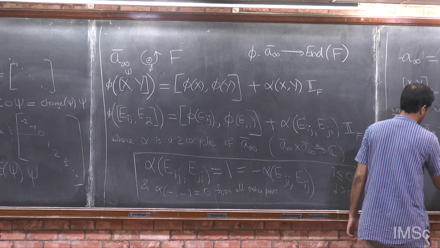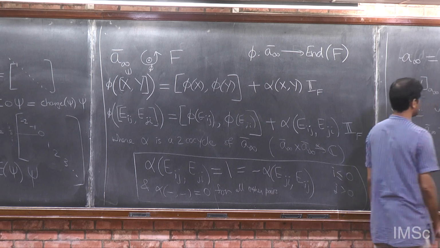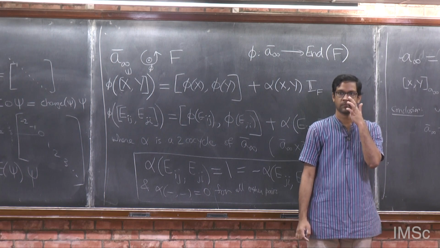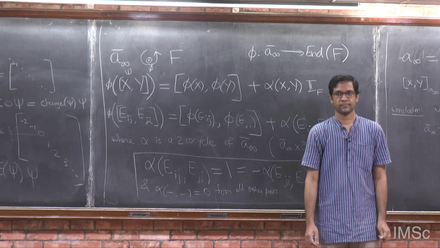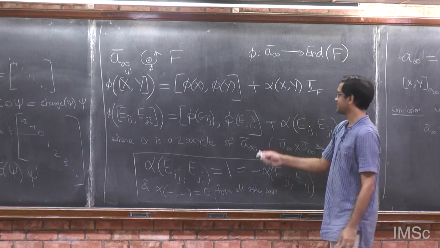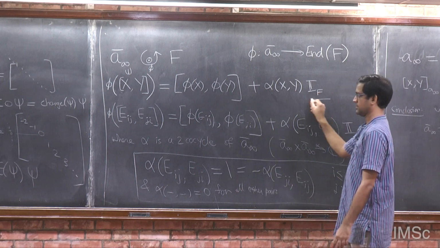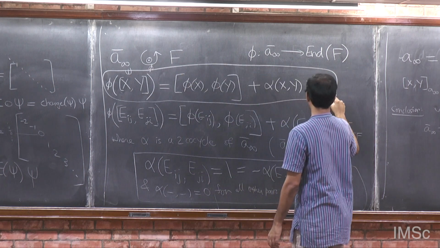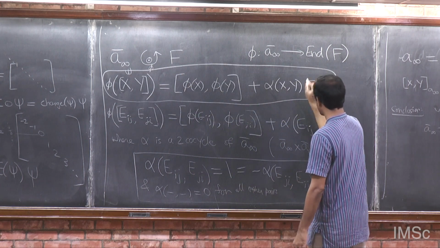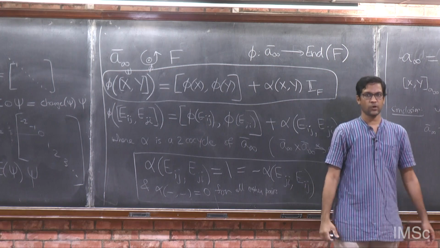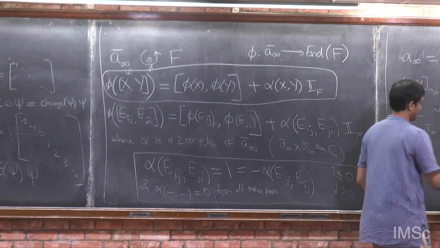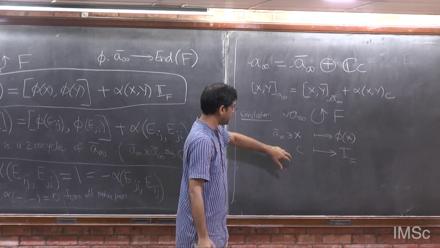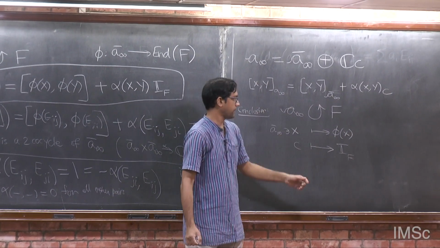So how should we make C act? C will act by identity. So notice that there is no C here. What does this formula here say? It is this bracket plus alpha xy times the identity operator on F. So in order to make this an action of the centrally extended algebra, I need to make the center here act as identity.